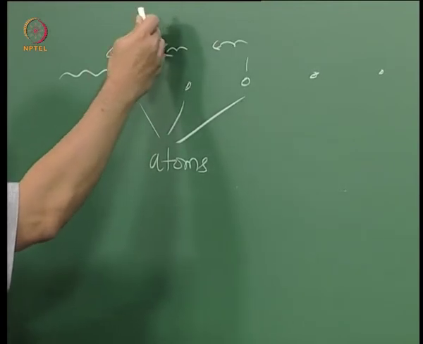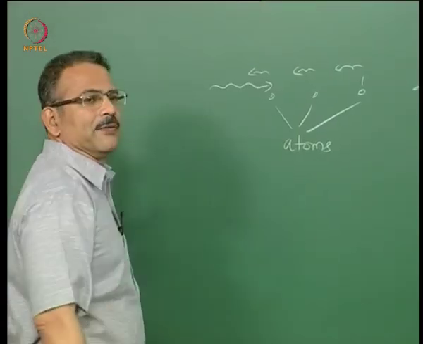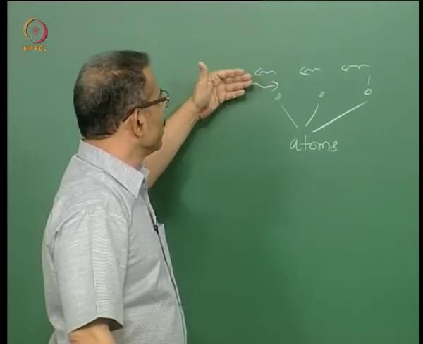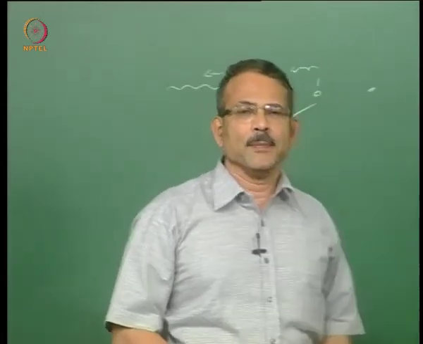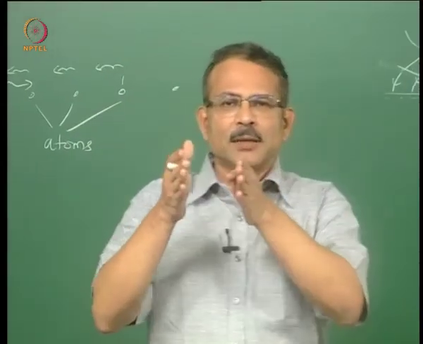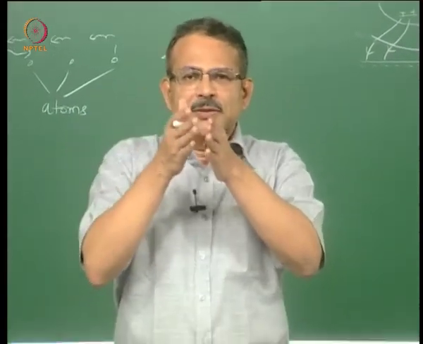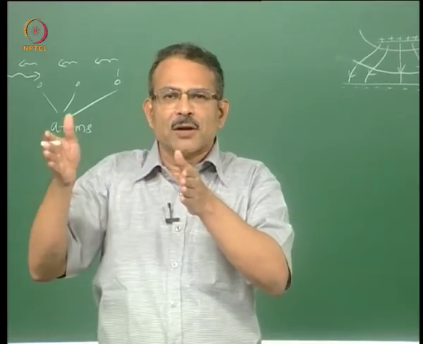Now this reflected wave and the incident wave can destructively interfere with each other and therefore they will cancel each other. In other words, for certain wavelengths no electron wave can exist because of the presence of these multiple atoms and the periodic potential associated with these, which will reflect the electron wave from the location of these atoms.